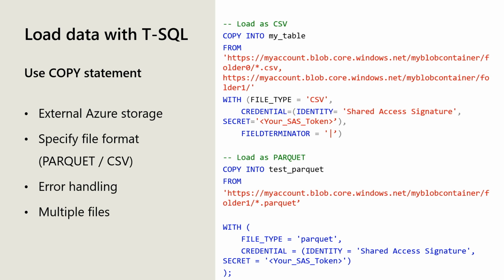One way to load data using T-SQL into the data warehouse is to use the copy statement. This is the main method for importing data into a warehouse. It facilitates efficient data ingestion from an external Azure storage account.